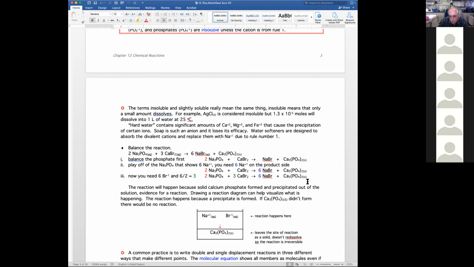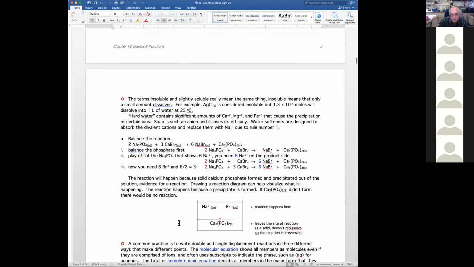It's going to happen because I'm seeing that this is a precipitate over here. It formed a solid. The reaction was happening up here. That gets removed, so it cannot redissolve. It cannot reverse itself. Every time you form one, it's gone. So it drives that reaction towards completion.